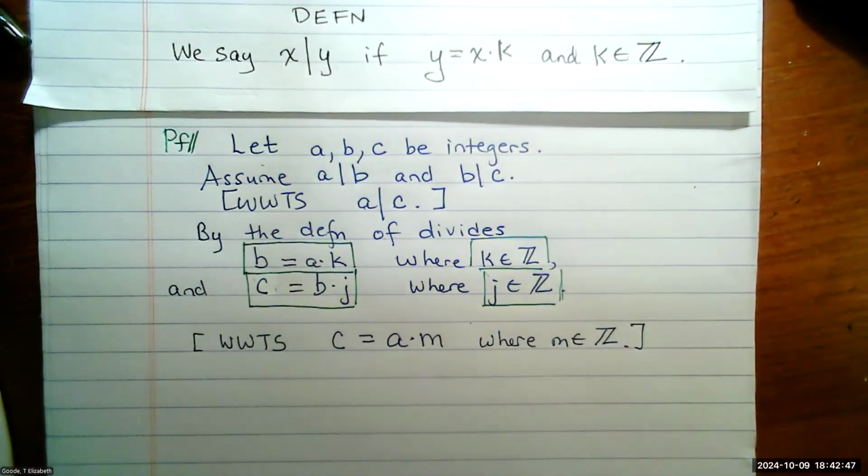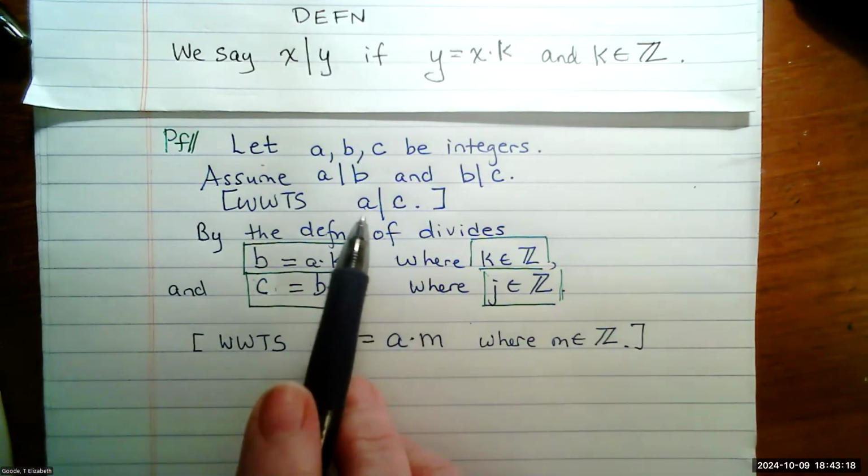This whole idea of writing down a wish, like what do we wish to do, and then expounding on that wish, originated from proofs by mathematical induction that I was teaching, but also this idea of expounding on the wish actually arose specifically because of the definition of divides. Because the definition of divides is just a little bit tricky.